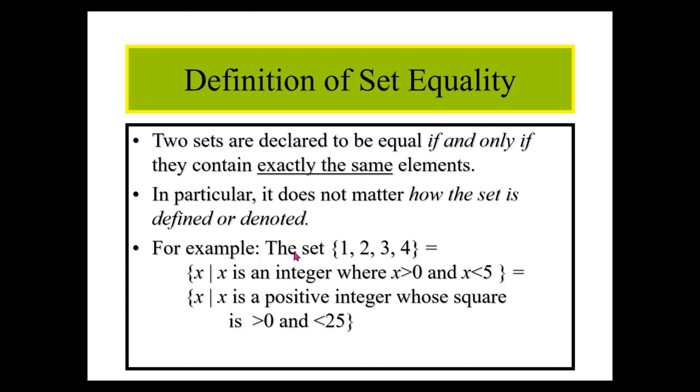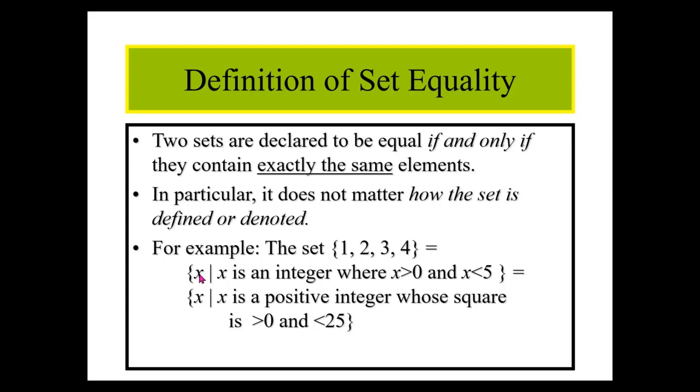Alright, so consider this set here, the set 1, 2, 3, 4. Here the objects are given directly. The same set can also be written as x, where x is an integer and x is greater than 0 and x is less than 5. Does this statement give the same answer? Yes, obviously it gives the same answer.